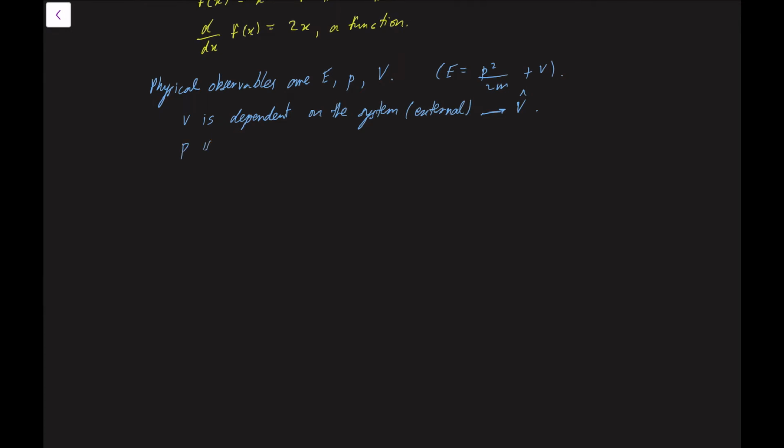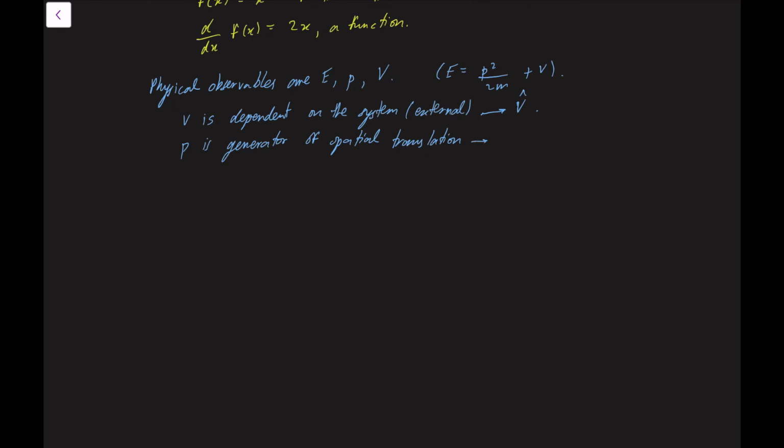Momentum, on the other hand, is what we call the generator of spatial translations. So an object moving in space carries with it a certain velocity, and so if you multiply that by its mass, it has a certain momentum. So momentum is the generator of these spatial translations.